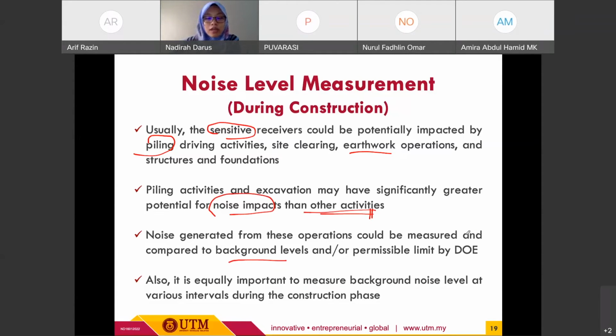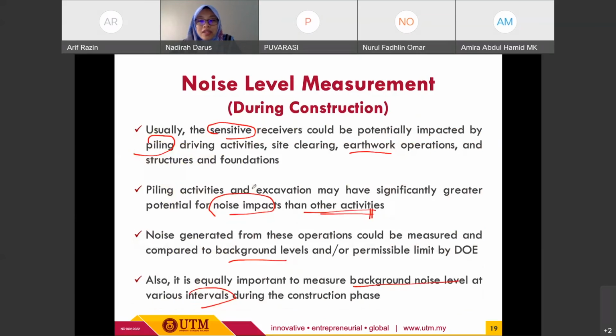So that we have the measured value, and then we can compare with the permissible noise limit by the Department of Environment. Alright. And dia juga sama penting, equally important to measure background noise at various intervals during construction phase. So meaning that kita kena keep on monitoring, keep on measuring the background noise as the construction progress.